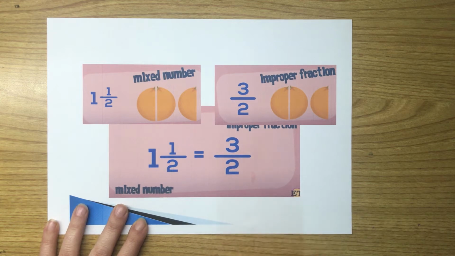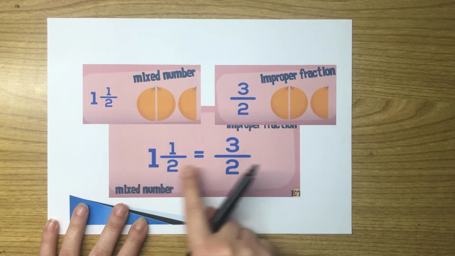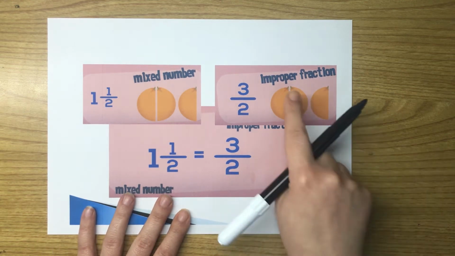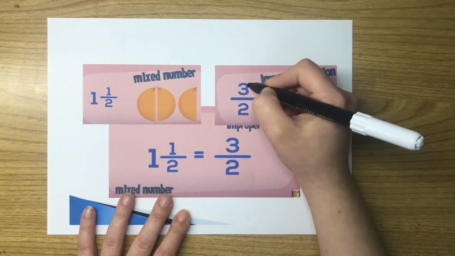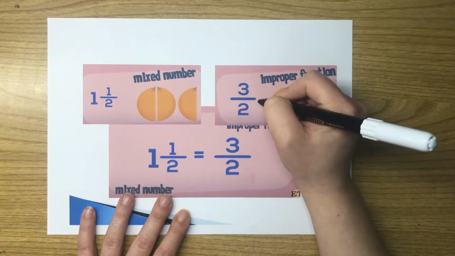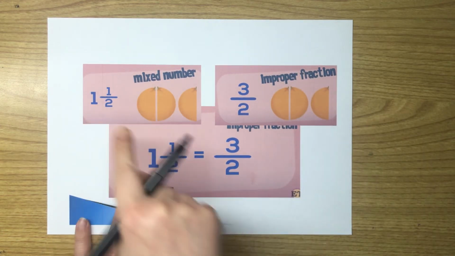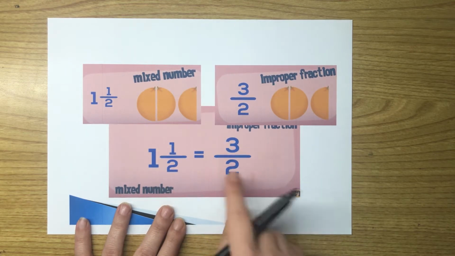So this is a mixed number. This is an improper fraction. They are equal to each other but represented in 2 different ways. The first one, improper fraction. Remember, what is an improper fraction? When the numerator is more than the denominator. So the mixed number 1 and 1/2 is going to be equal to 3 halves.